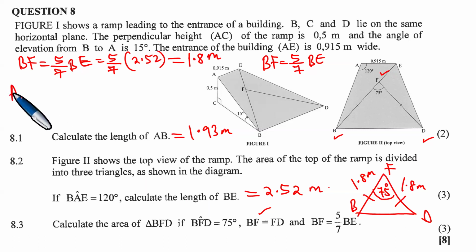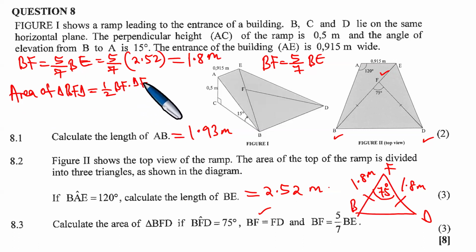So we say the area of triangle BFD is equal to half BF times DF times the sine of the angle included, which is 75 degrees.